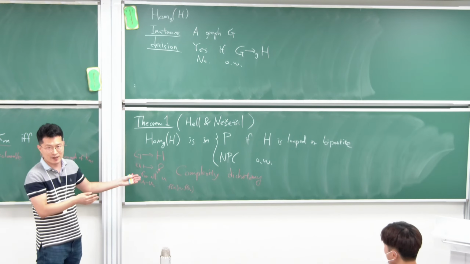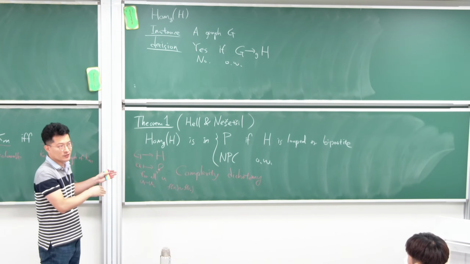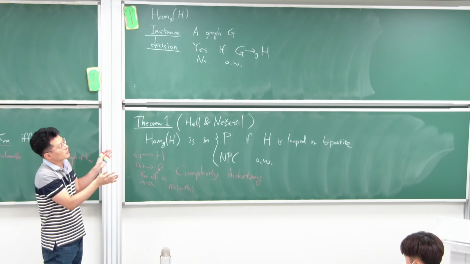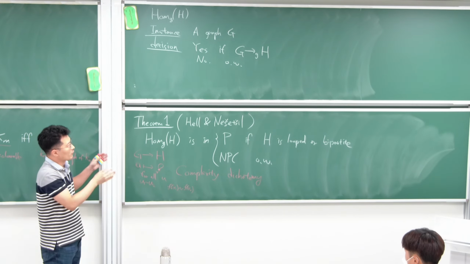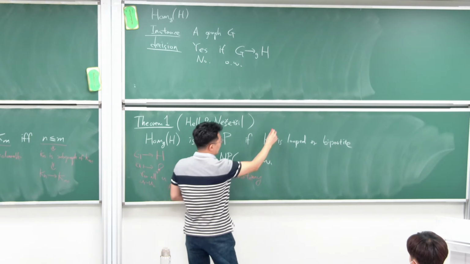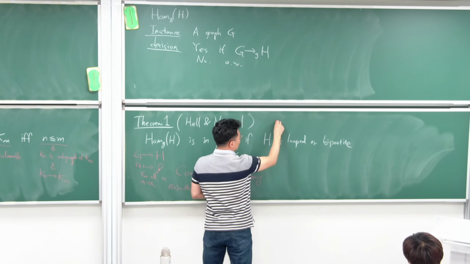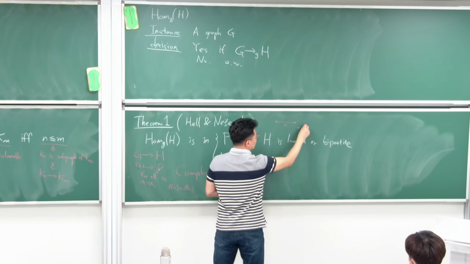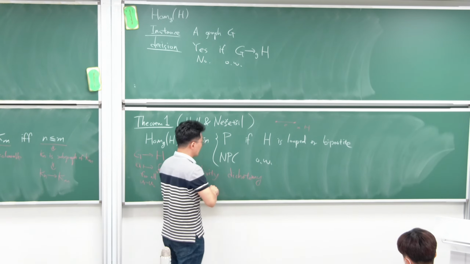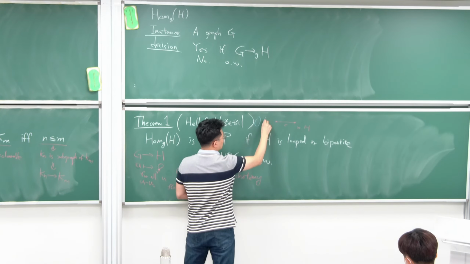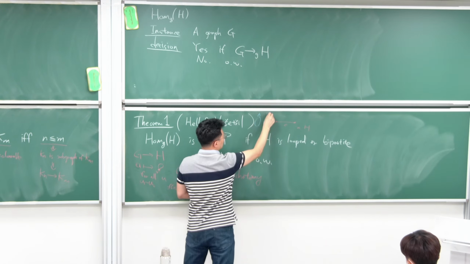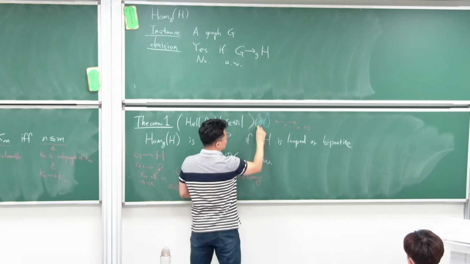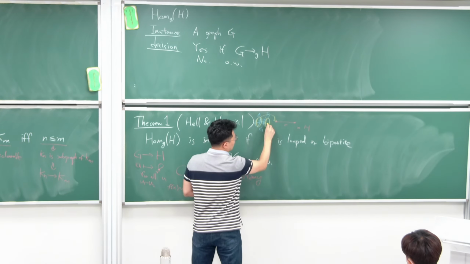So if G is bipartite, we have a bipartition of G, say A and B. H has an edge, and we send these vertices to one end and these vertices to the other end.